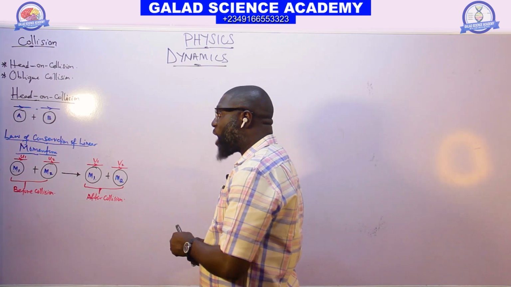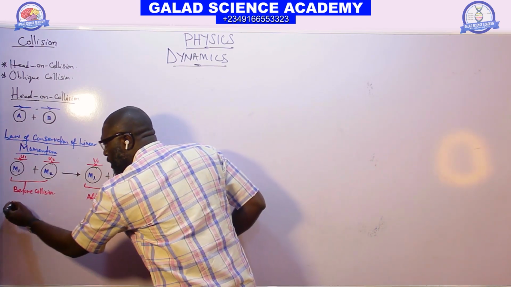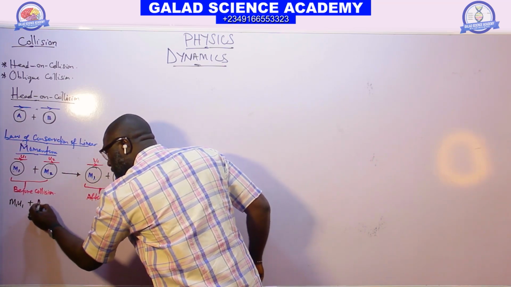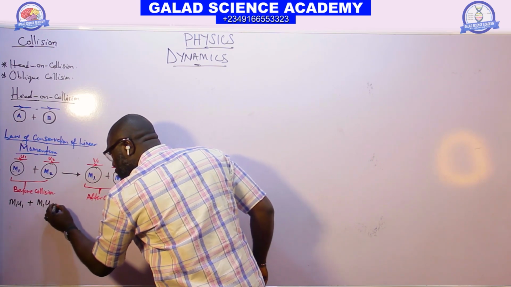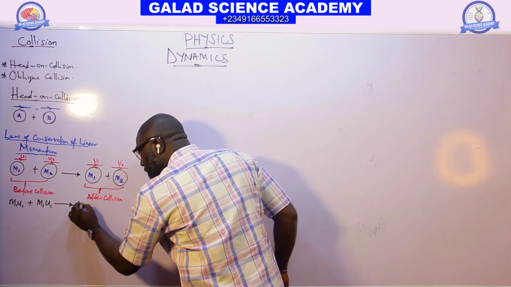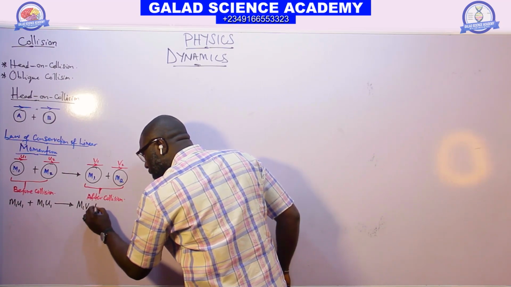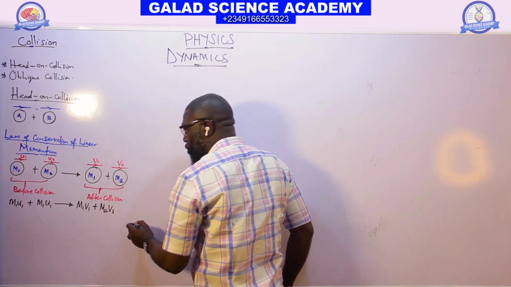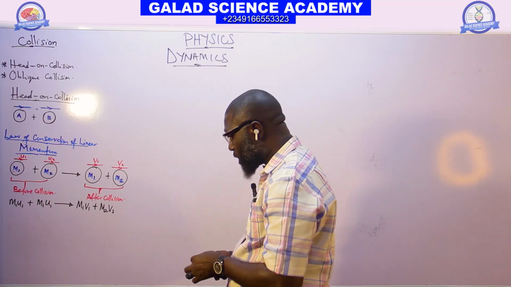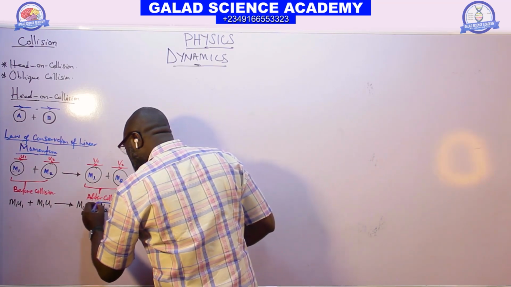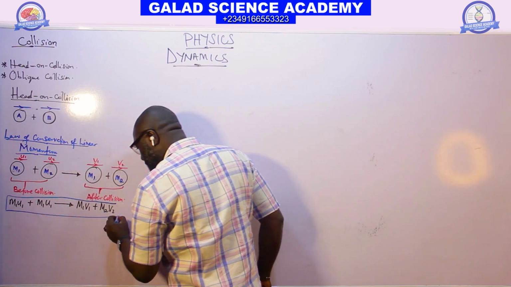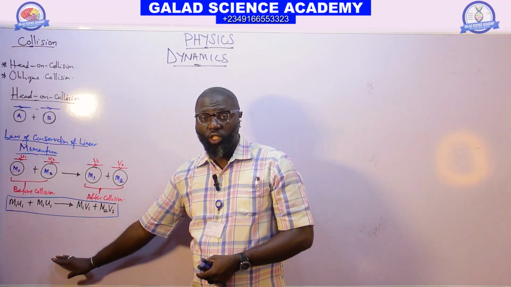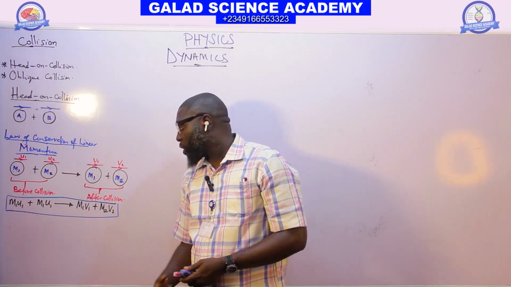According to the conservation law, the total momentum of the bodies, M1U1 plus M2U2, is equal to M1V1 plus M2V2. This is what we call the conservation law of linear momentum. The momentum of the bodies before collision is equal to the momentum of the bodies after collision.